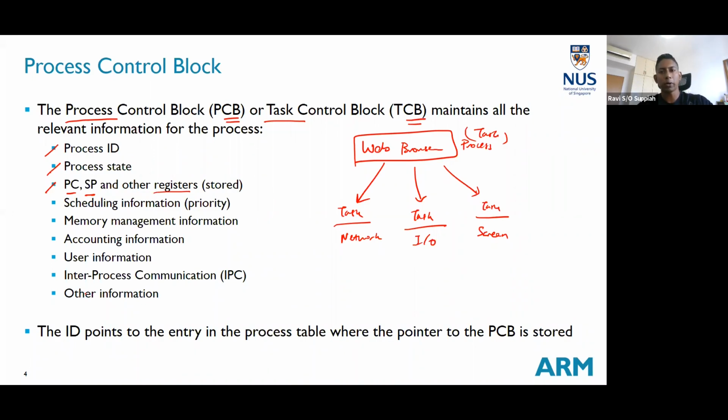Why is this important? Because in a multitasking context, when I have multiple tasks running, in order to allow these tasks to still run concurrently, there is this idea of switching that is happening all the time. In the background, you will always have tasks switching from one to another.